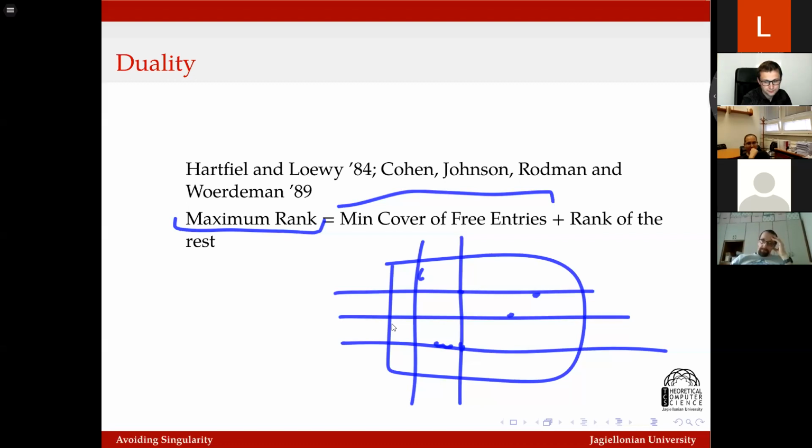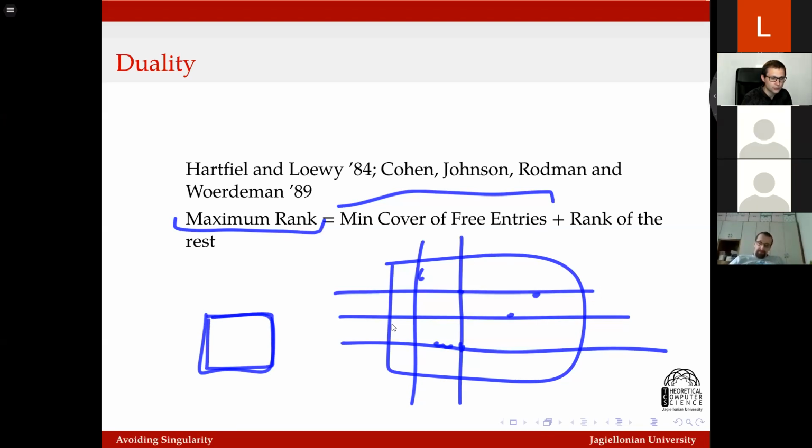And then one can show that there is a cover such that the maximum rank of your matrix is just the rank of this matrix without free entries, plus 1 for each deleted row and each deleted column. All right. So basically, what it means is that if the rank is low, then there is some matrix there that has no free variables, and then you add the remaining rows and remaining columns.